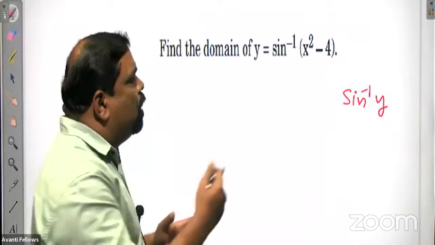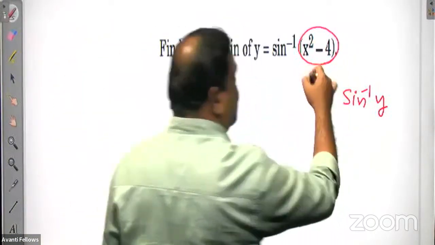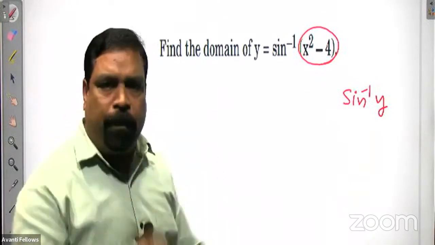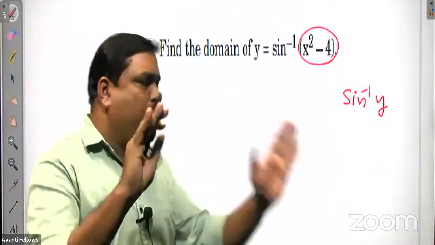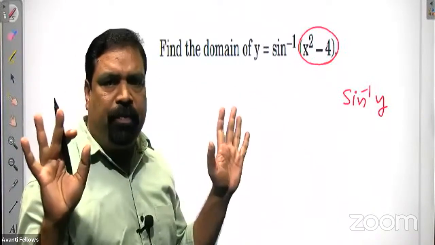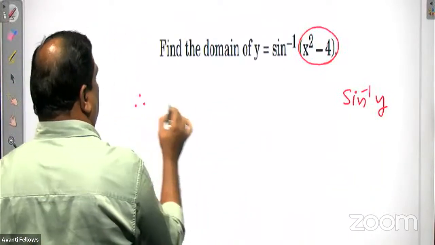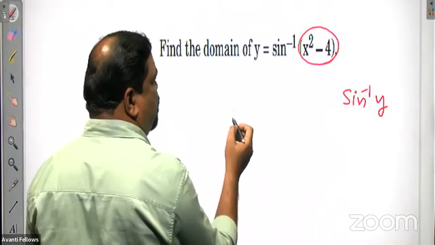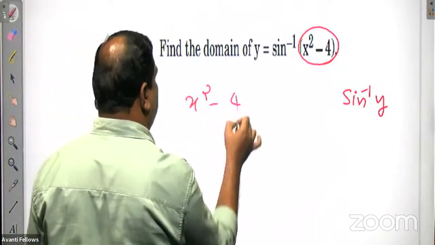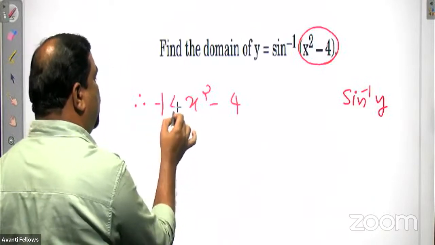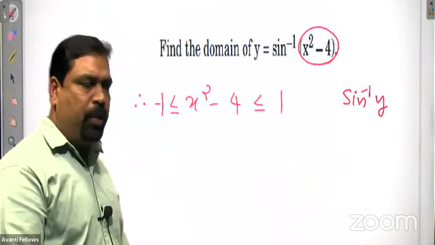Here we have x square minus 4 inside sine inverse, so that value must be in between -1 and +1. Therefore, since the principal domain of the sine inverse function is -1 to +1, this x square minus 4 must be in the closed interval -1 to +1.